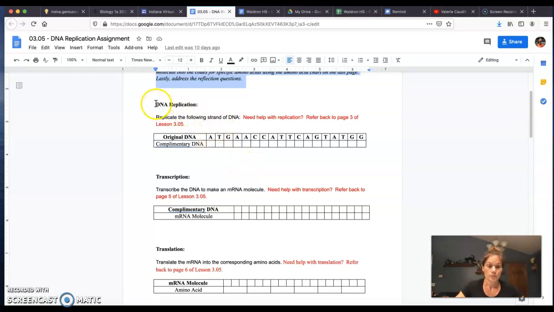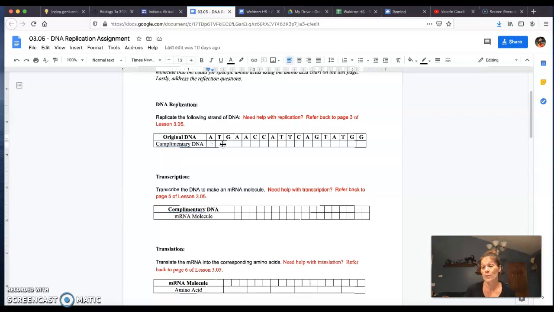Okay, so first thing we need to do is copy DNA. We need to replicate DNA. If you need some extra help with this lesson, you can go back to page 3, slide 3 of lesson 3.5. Here's our original DNA, and what we need to do is make a complementary strand.